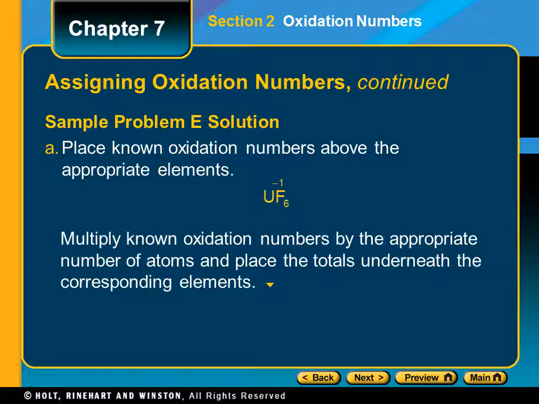Multiply the known oxidation number by the appropriate number of atoms and place the totals underneath the corresponding elements. By the way, we know that fluorine is -1 because that was one of the rules. So we multiply -1 times the 6, and you end up with a -6 under fluorine.